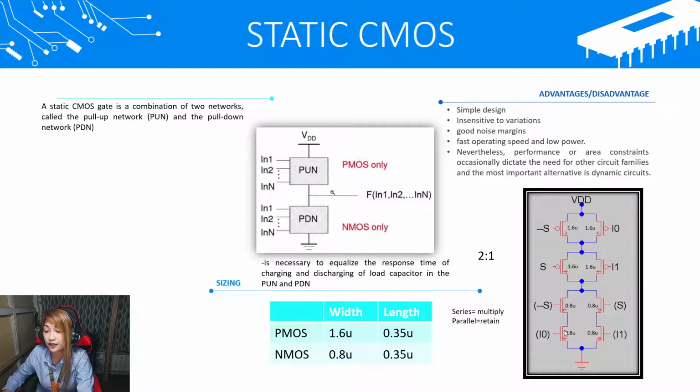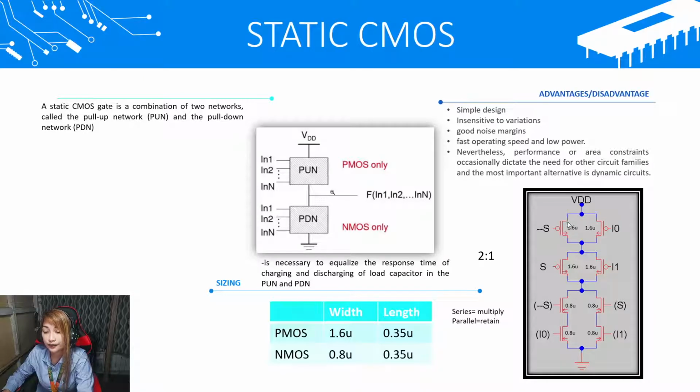As you can see, we have here 2 transistors in series which have a 0.8 micron width. So 0.8 micron times 2 is 1.6. Another 1.6 on the right side, and since they are in parallel, the value is 1.6.